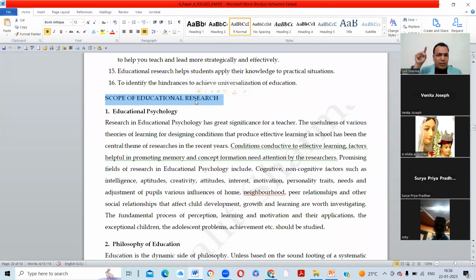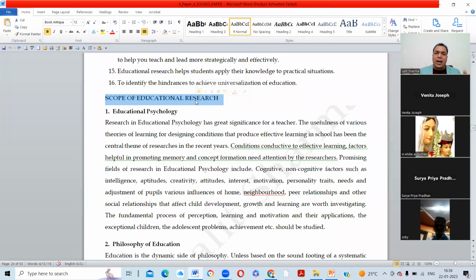So that's why when we talk about the scope of educational research, whatever subjects come under education will all come under the scope of educational research. Even psychology would come, philosophy would come, educational technology would come, guidance and counseling would come.